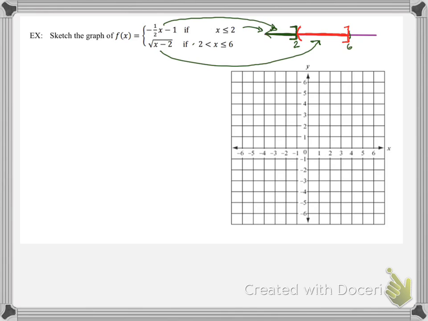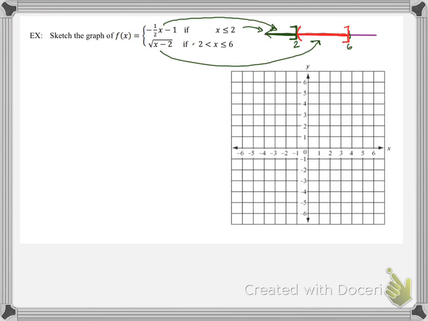If we were evaluating this and I wanted f of 0, we would say 0 is less than or equal to 2, so I'm going to plug it into -1/2 x minus 1, just like we did with our previous function.